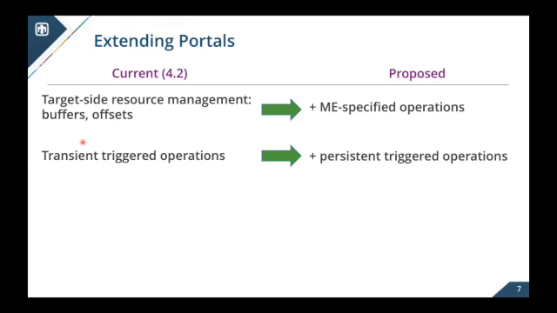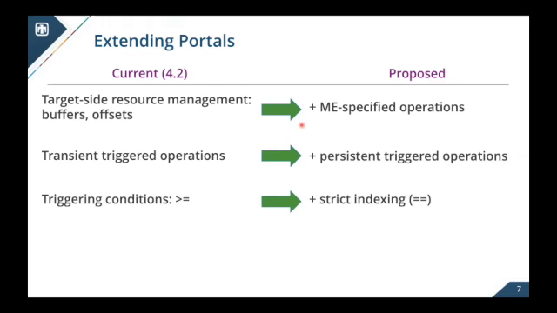If they're being triggered from an accelerator, you don't really want to interrupt what the accelerator is doing or make it wait while these triggered operations are reinstantiated. So for this sort of reason, we want to propose a mode where the triggered operations are persistent, they don't get removed, they can be disabled or they can be removed explicitly, but otherwise they stick around.